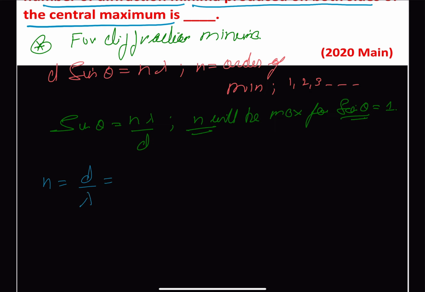D is already given to us, that is 6 into 10 to the power minus 5. Lambda is also given as 6 into 10 to the power minus 7.